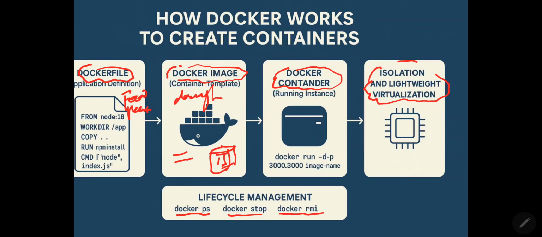Step number 3, Docker container. You can imagine this is like a plate. After you finish cooking a noodle, you can put that noodle in the plate. This is a plate, I will draw it for you.